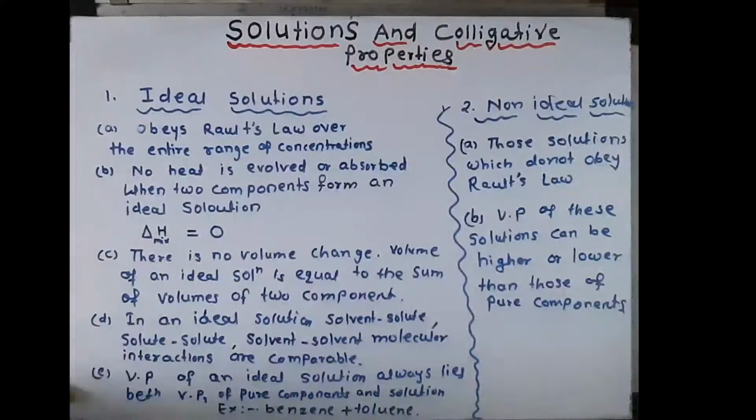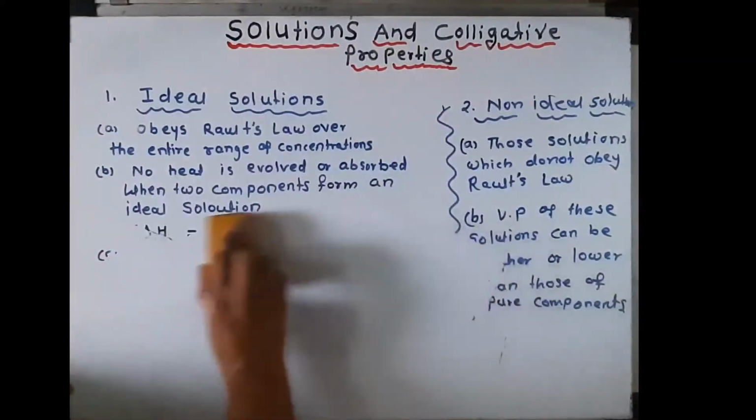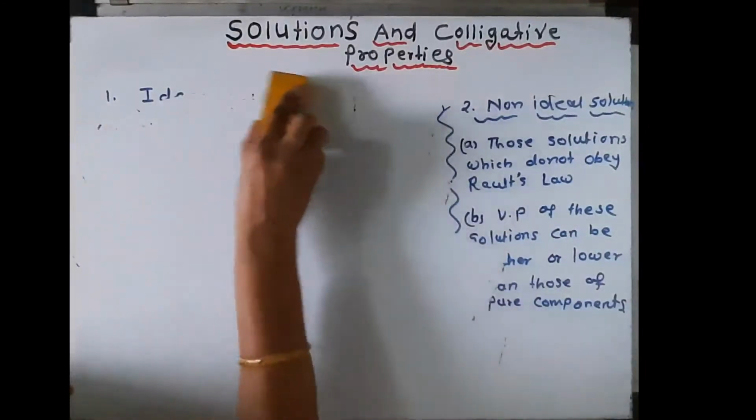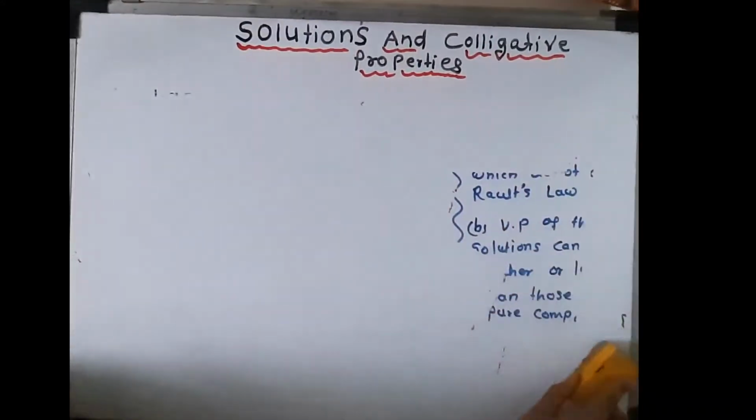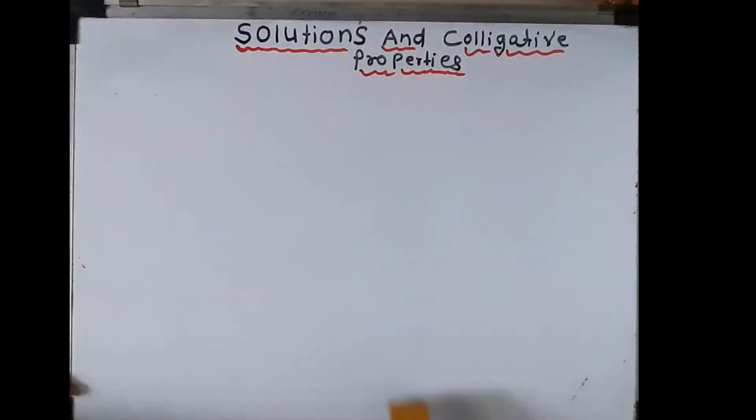Is it clear, students? Now the next topic is what is meant by colligative properties and which are the colligative properties. So what is a colligative property?